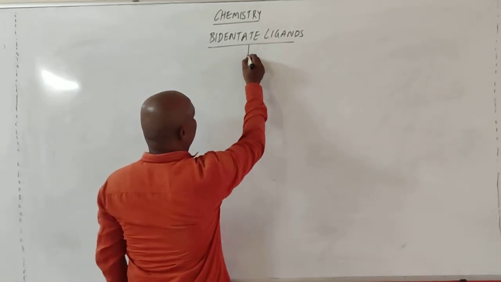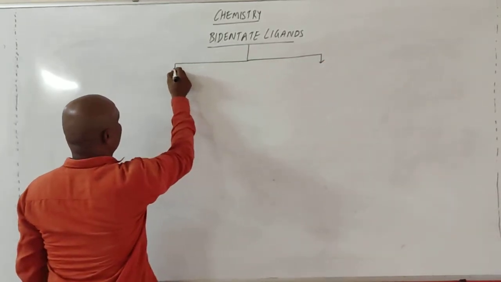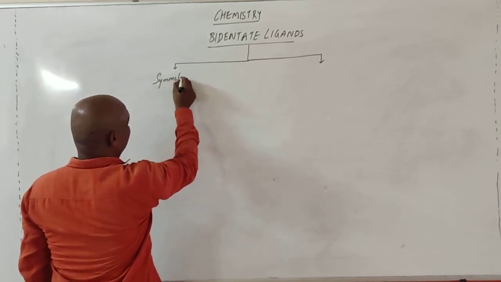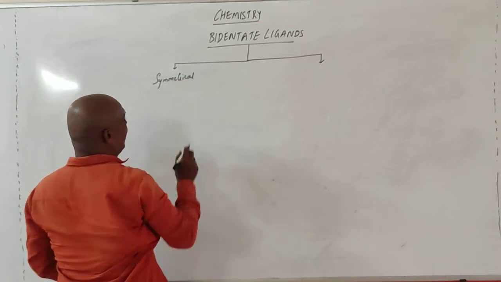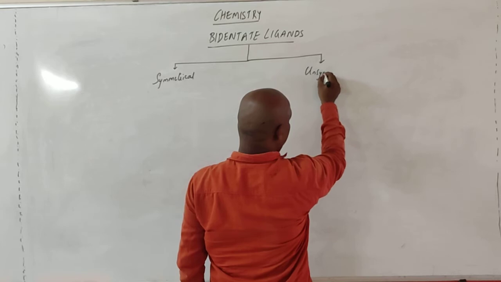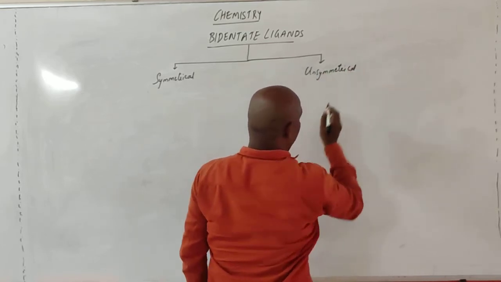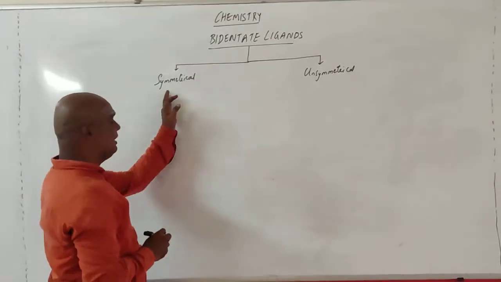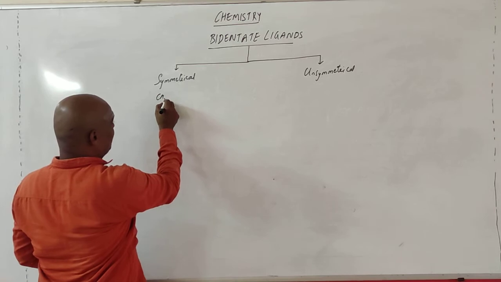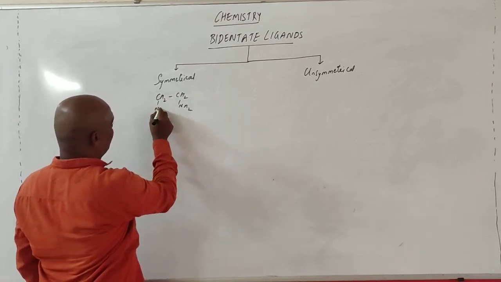This bidentate ligand we can classify into two types. One is symmetrical bidentate ligand, and the other is unsymmetrical. Symmetrical bidentate ligand means the two donor atoms will be the same. Suppose I take CH2, CH2, with NH2 at each end.